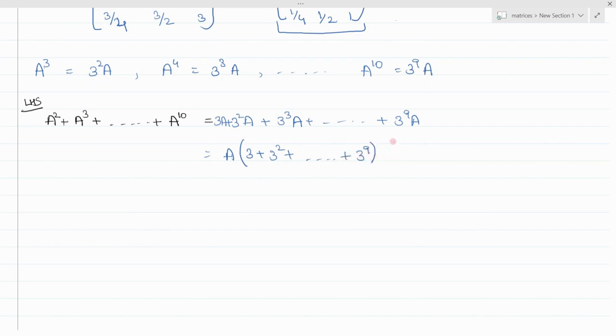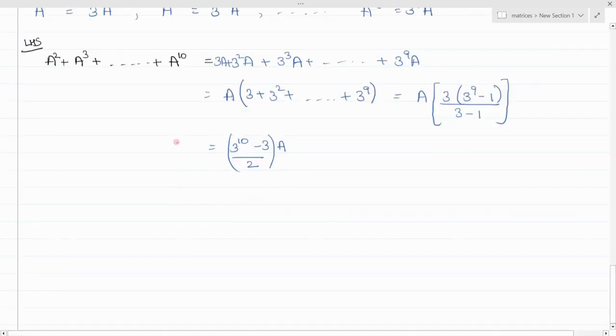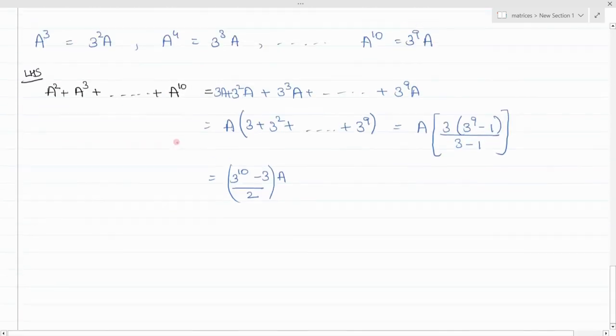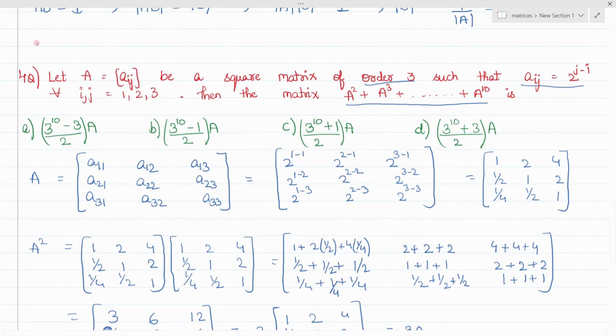It's following a geometric progression. So we can write it as A into 3 into (3 power 9 minus 1) by (3 minus 1). So it becomes (3 power 10 minus 3) by 2 into A. So the first option is the required answer for this question.